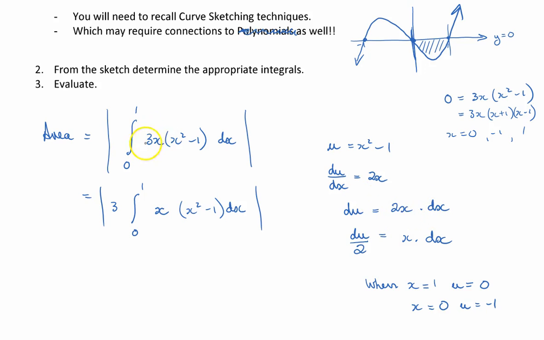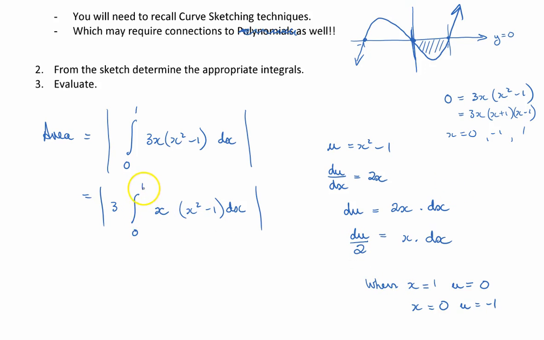I would have liked 2x, but I didn't get 2x. At that stage, I thought it's probably easier just to go to an expression in x dx by dividing both sides by 2 and create an x dx inside the bracket. So that's why I've taken the 3 out, leaving the x dx, and I will have du on 2, which I will adjust. The other thing I need to do is to get my limits of integration correct.